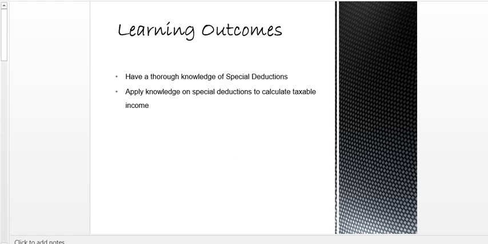Okay, so as I said, after this you will have thorough knowledge on special deductions, and you'll be able to apply this knowledge on special deductions to calculate your taxable income.